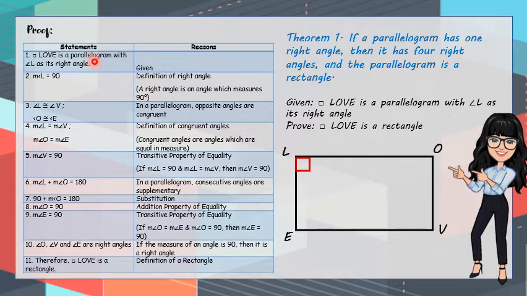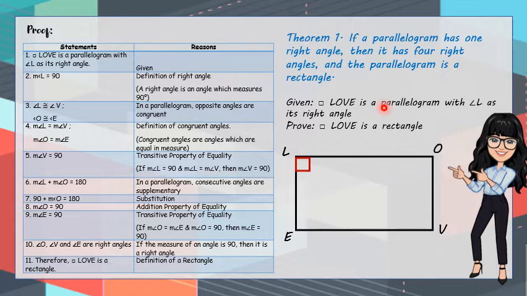We cannot simply say that, okay, LOVE is a parallelogram with angle L as its right angle. What is our basis? We need to have a reason or a proof for that statement. Now, we will have the first statement. Our first statement, again, will be our given. We will start from this one.